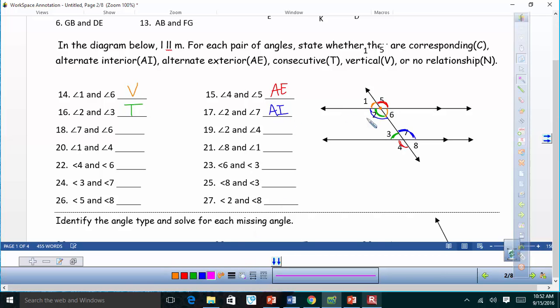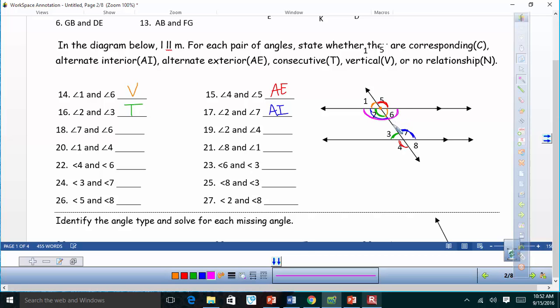And last one, 7 and 6. What are those? They're what? Okay, consecutive means inside the parallel lines on the same side of the transversal. Are 7 and 6 on the same side of the transversal?